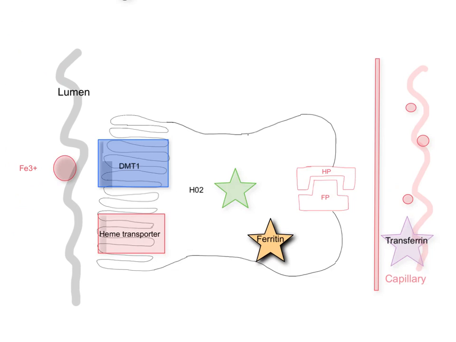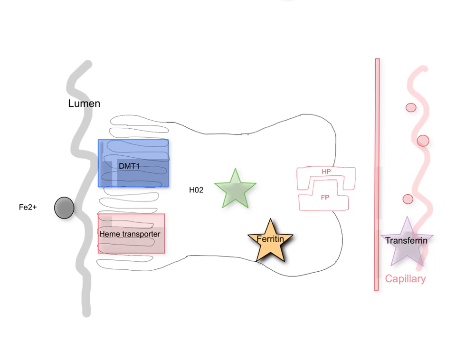But before that can happen, it has to be reduced by surface reductases from iron 3 to iron 2, and once it's in this form, the divalent metal transporter 1 will transport it into the cell, where it can directly bind to ferritin to be stored, or again be transported by the ferroportin-hephaestin combination. Hephaestin, of course, will again turn this iron back into iron 3 so that it can be absorbed into the plasma and transferred around the body by transferrin.